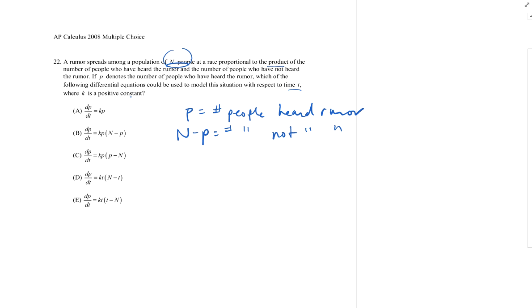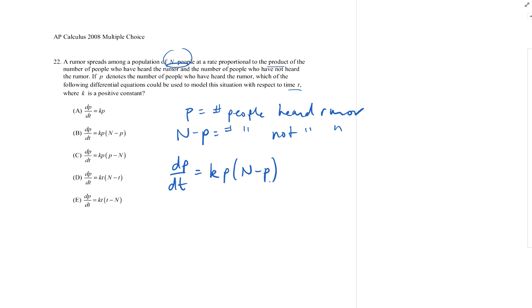Well, the rate of change of the people who have heard the rumor is dP/dt, and it says that is proportional, K, to the product of people who have heard the rumor and the people who have not. Okay, that makes sense?